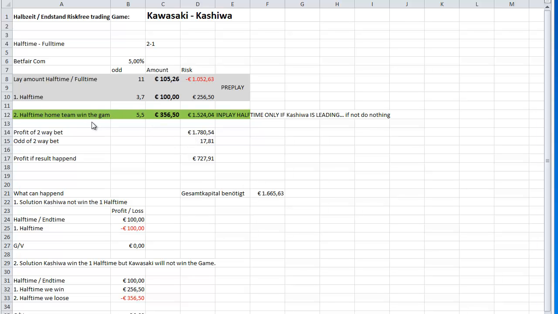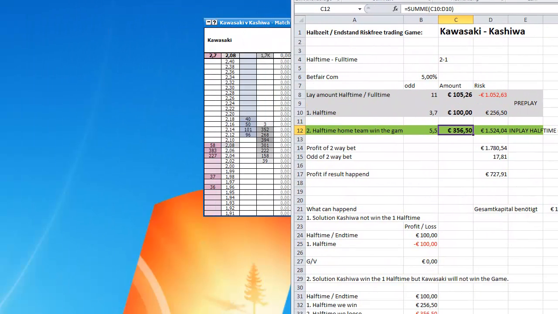At halftime, if Kashiwa is leading the game, we have to place a further bet. If we say that the odds for the match odds would be around 5.5, and we take 356.50 on this market, so where is it? It's here.